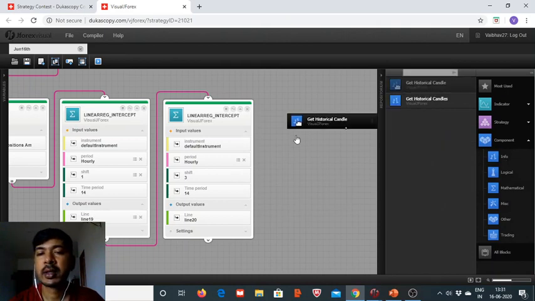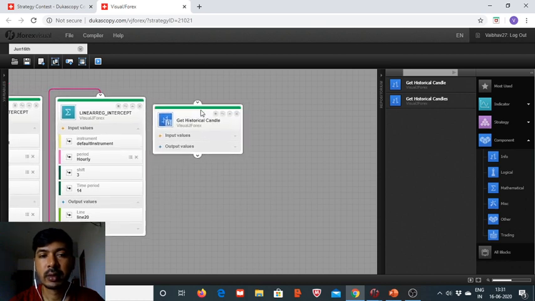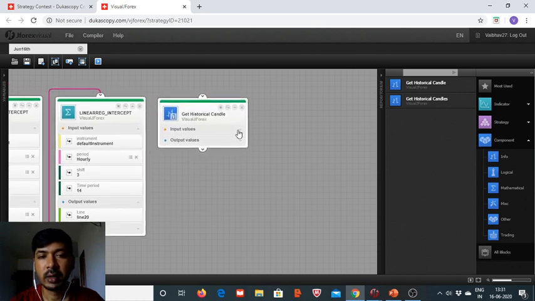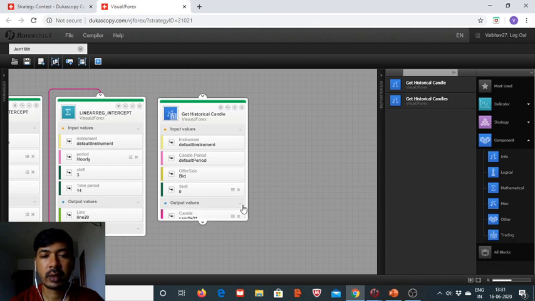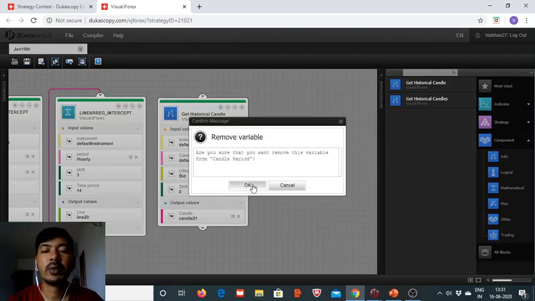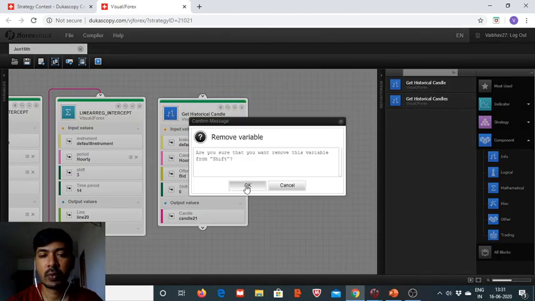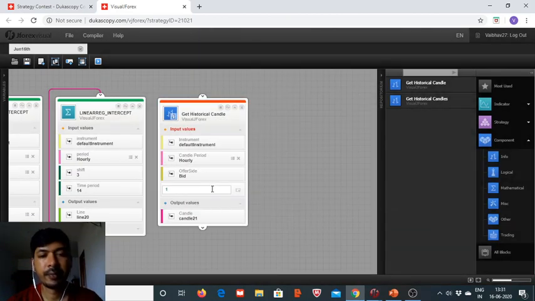So we take historical candles, get historical candles here, and we do have to change this to hourly. Shift 1, and we connect it.